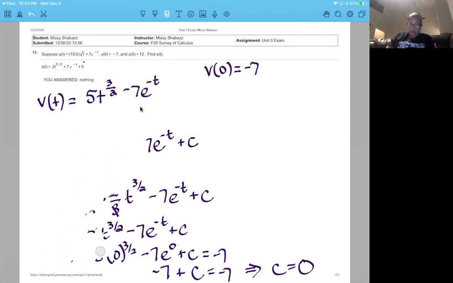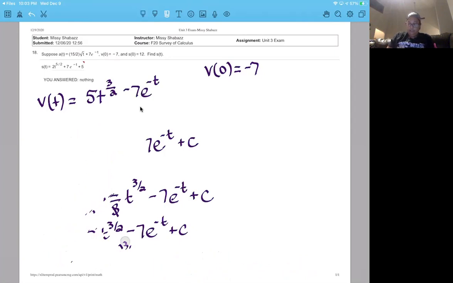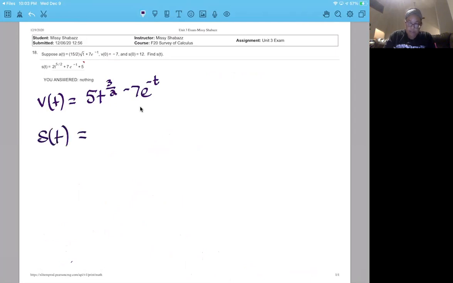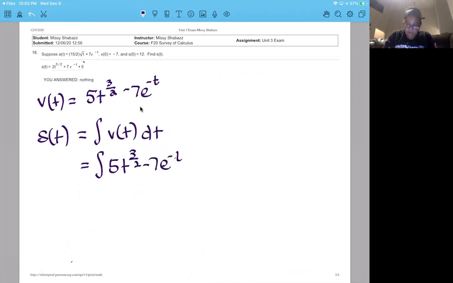All right, now we're ready to find the position function. The position function is the integral of the velocity, which is 5t^(3/2) minus 7e^(-t).